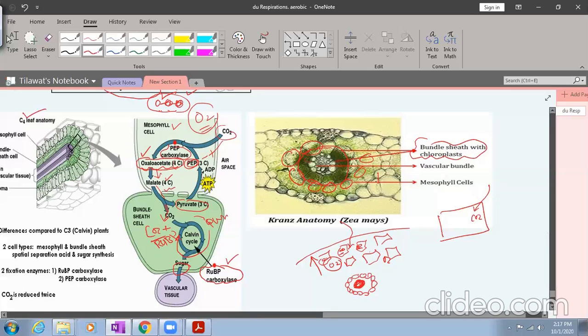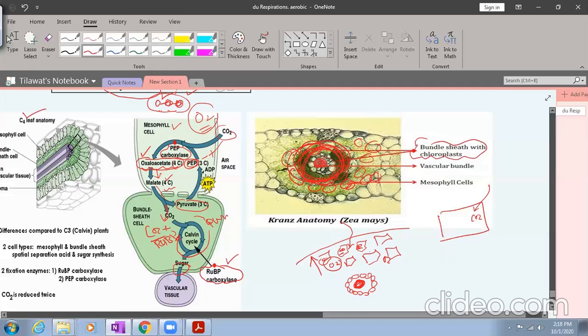Another adaptation: these all surround the vascular bundle, as in the diagram. This outside is mesophyll, but these cells are attached to each other very tightly. These are what? Bundle sheath. The outside was mesophyll, right? And between is the vascular bundle, meaning xylem and phloem. Am I clear? So what are the adaptations in these C4 plants?